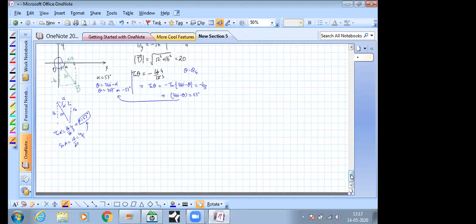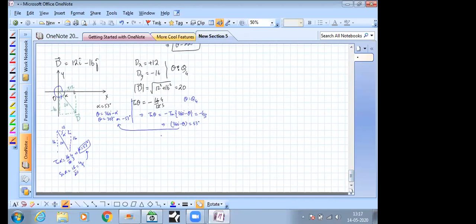So you can see drawing the diagram to figure out the angle is a more efficient way rather than going with the strict formula of trigonometry, because the strict formula of trigonometry can always result in some kind of mistake with quadrant or sign or something like this. Whereas the moment you draw the vector according to the components, you're very sure about the quadrant.